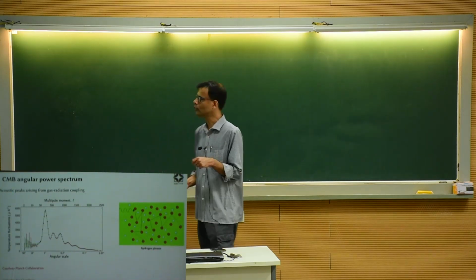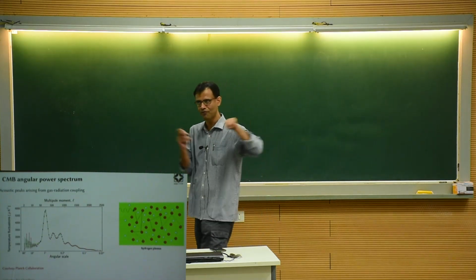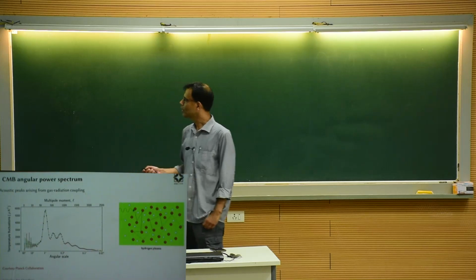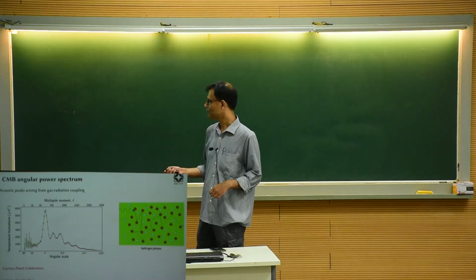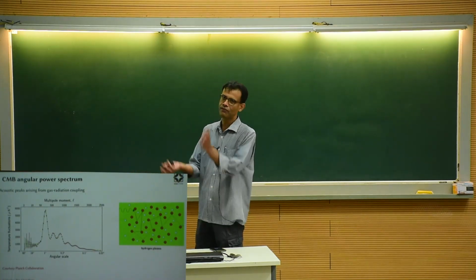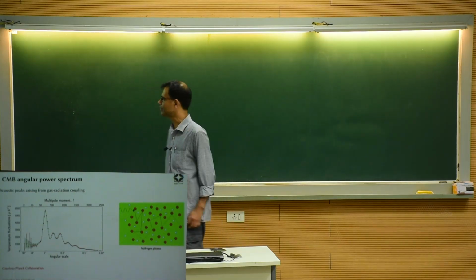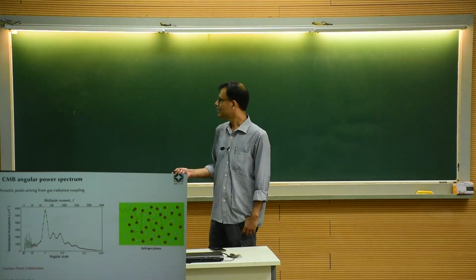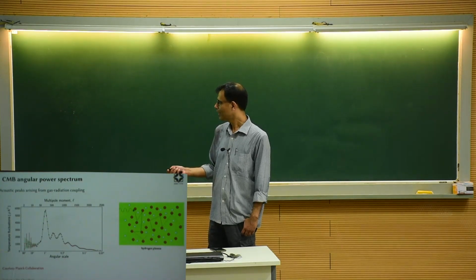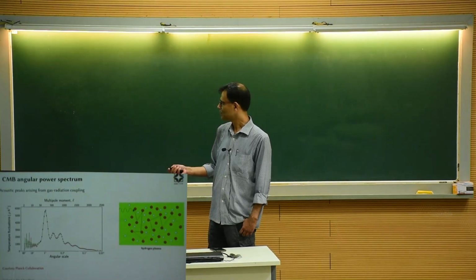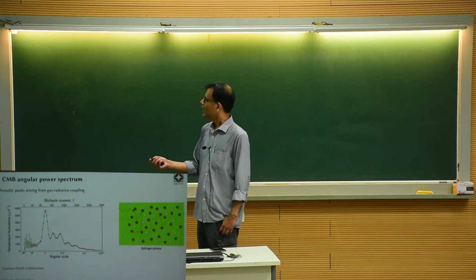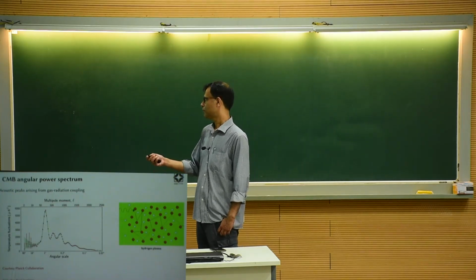Now, CMB actually doesn't measure the power spectrum the way I had plotted. It measures the power spectrum as a function of angular scale, and then we use models to convert it into a power spectrum in the distance scale. So what has been plotted here is that power spectrum as a function of angular scale, or let's say multipole moment.